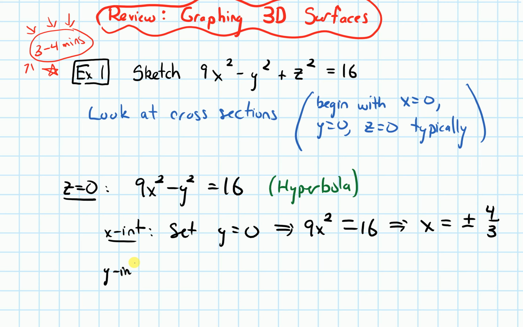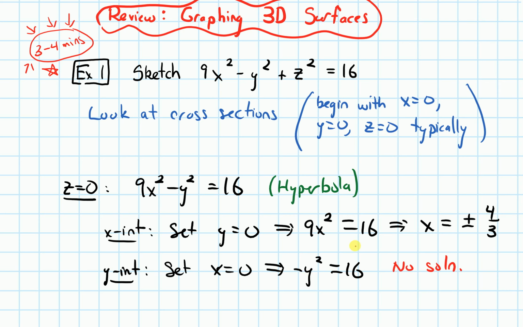The y-intercepts, we find them by setting x equal to 0. And if we set x equal to 0 in this equation, we get negative y squared equals 16. So this equation is not going to have a solution.